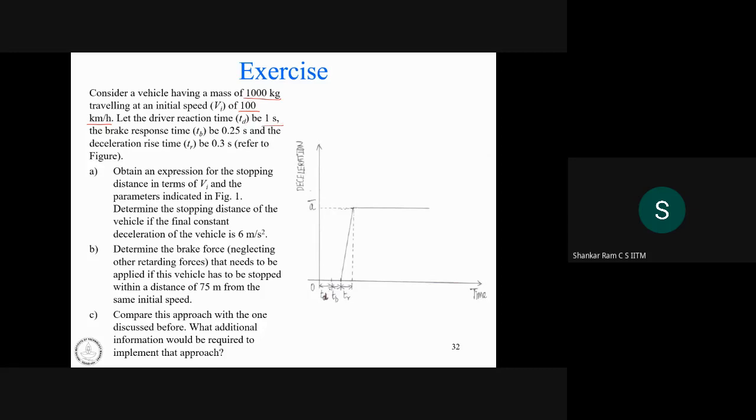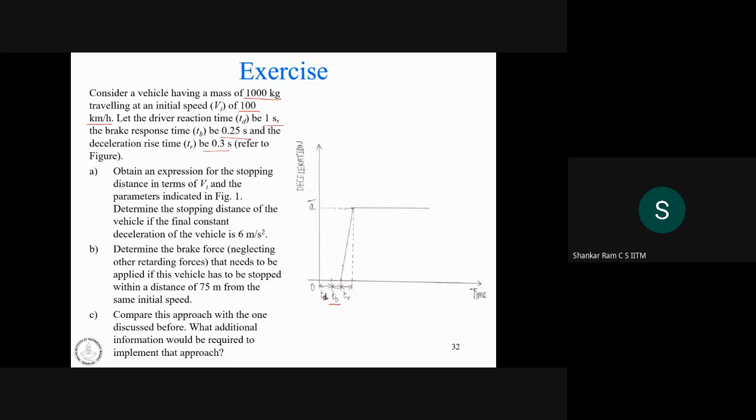During that phase, the deceleration is going to be very close to zero. The brake response time, let's say, is 0.25 seconds, during which also the deceleration is very close to zero. And this is another way of calculating stopping distance, where we consider the deceleration rise time to be 0.3 seconds.